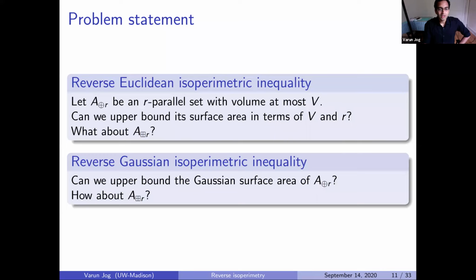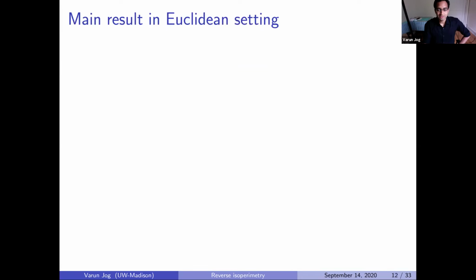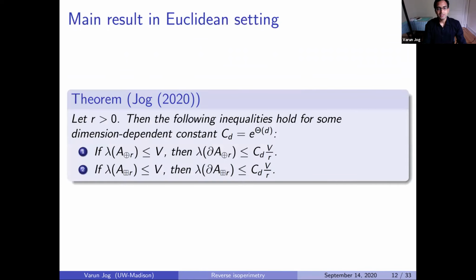Okay, so I'll first tell you the results and then go on to some description of the proof. What happens in the Euclidean setting? It turns out that we can prove the following result.